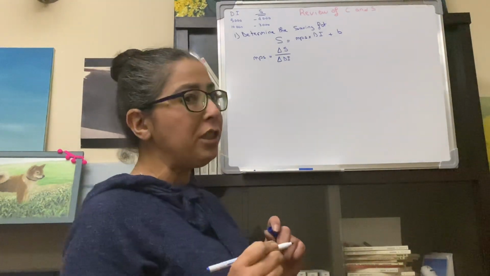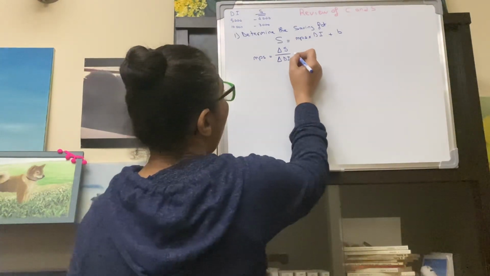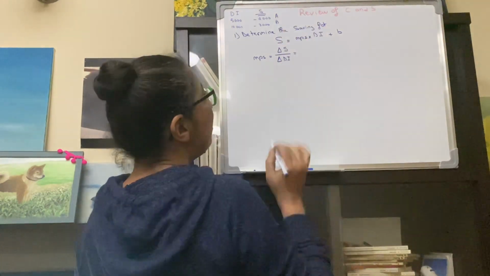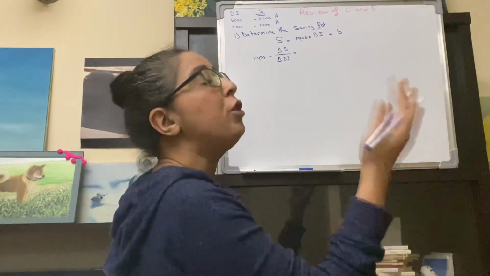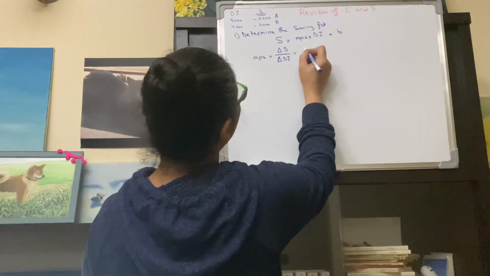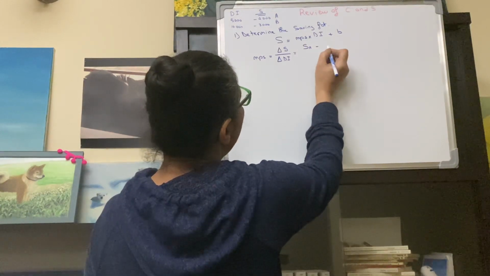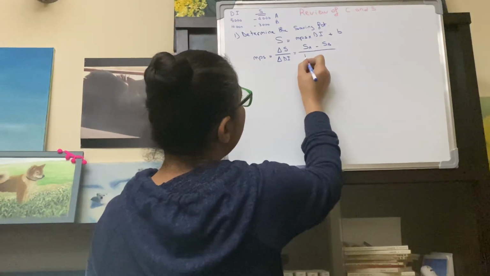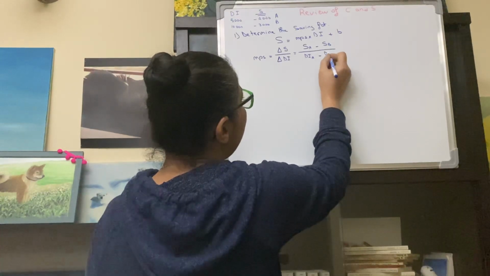So I have 2 points. I can choose either point to start. So we're going to say that this one is point A, this one is point B. So we're going to do A minus B. You could have done B minus A. It's exactly the same thing. So I'm going to take saving at A minus saving at B over DI at A minus DI at B.